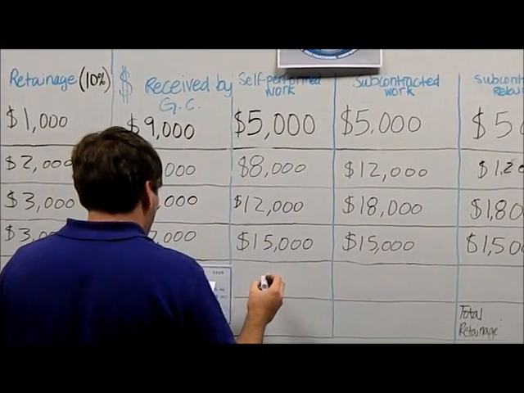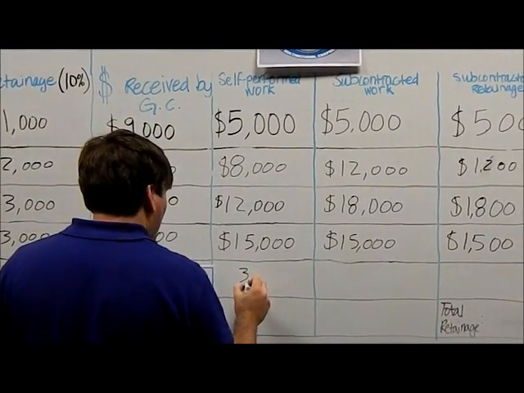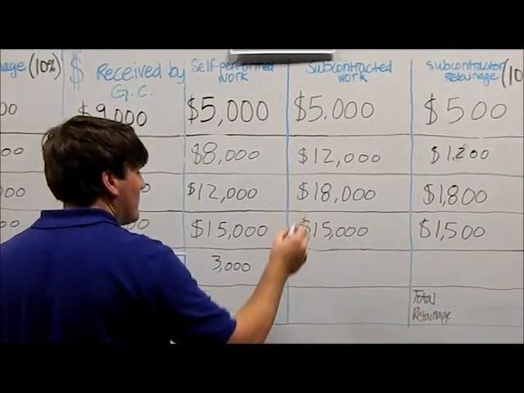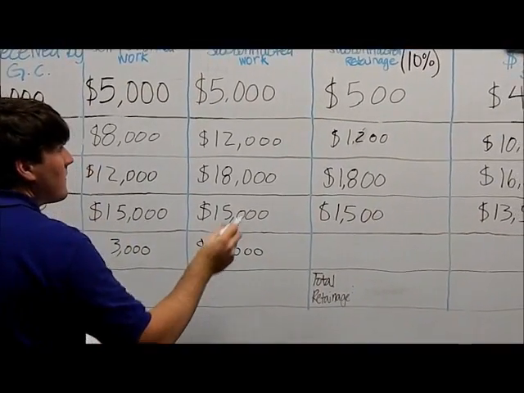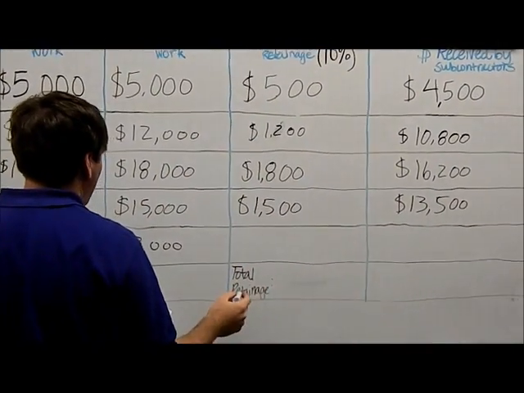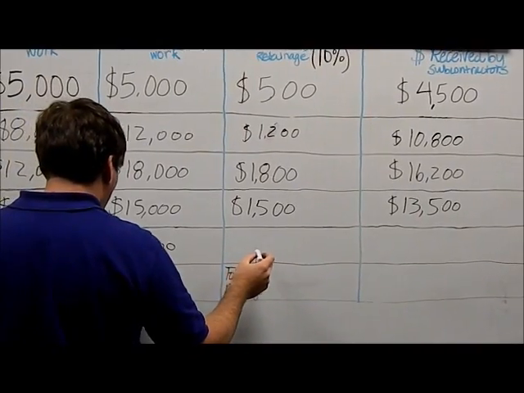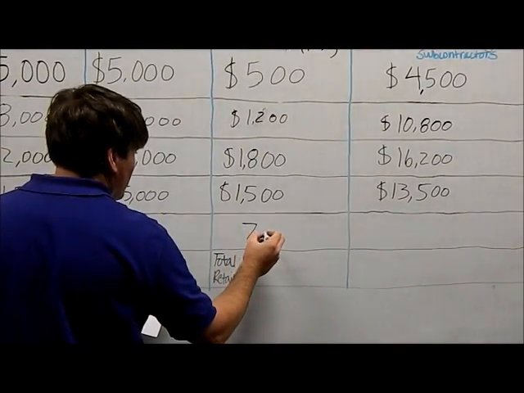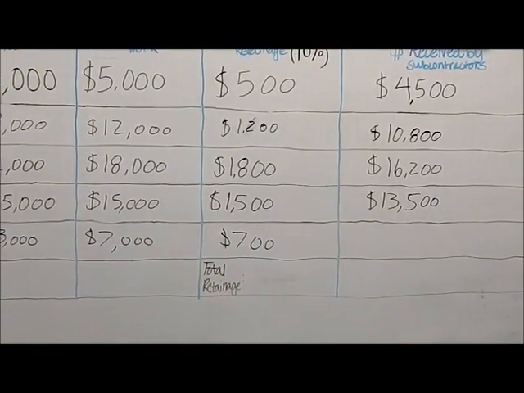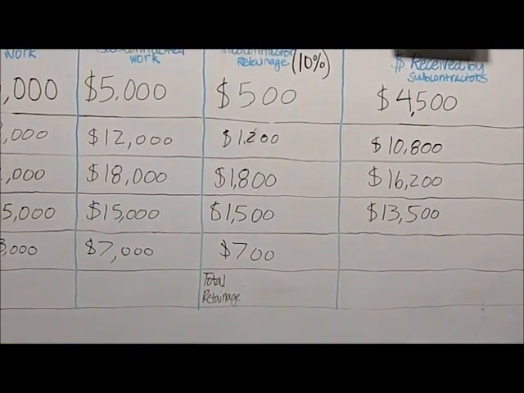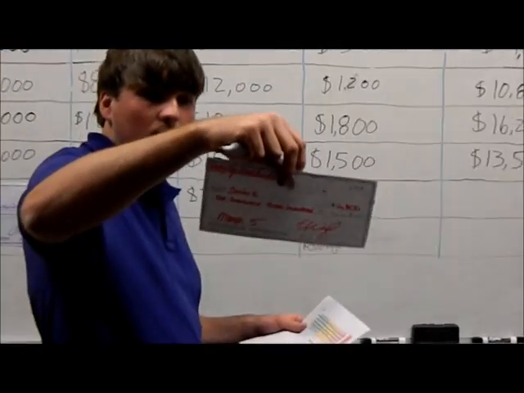For our self-performed work, we did $3,000. Subcontractor work, we did $7,000. So our subcontractor earned a total, after our retainage of $700, of $6,300.